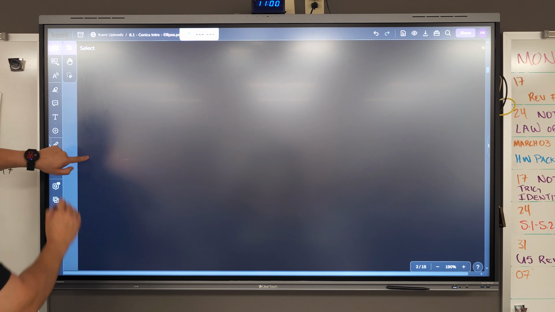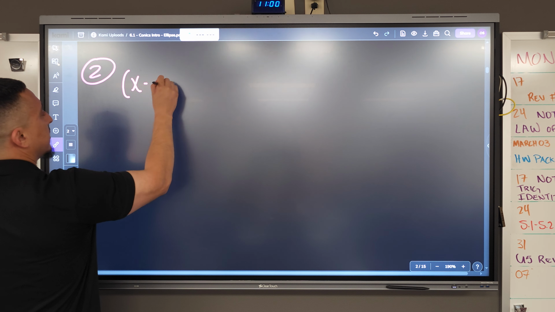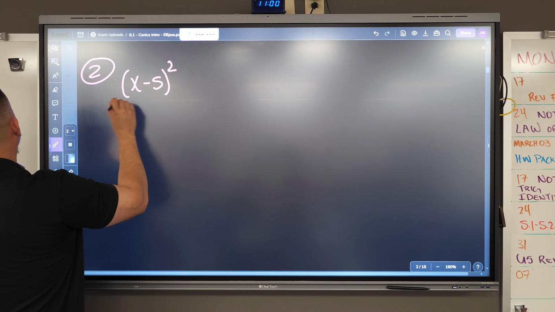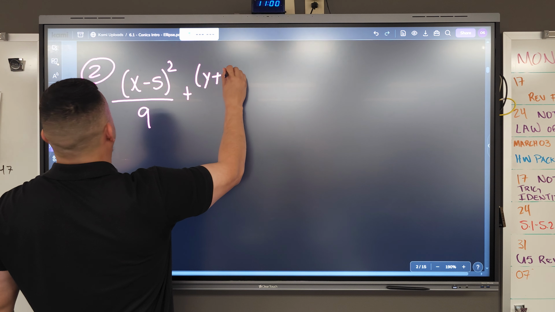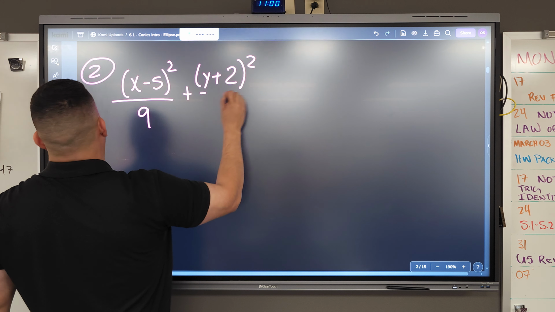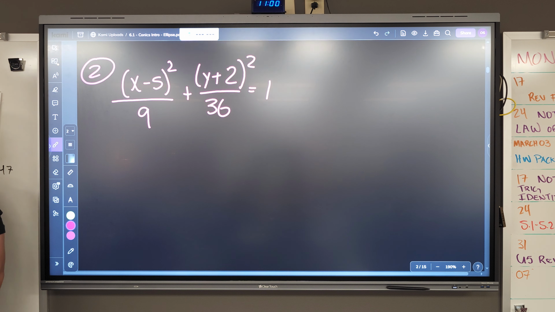But go ahead and try one by hand, and then check it with decimals. (x minus 5) squared over 9 plus (y plus 2) squared over 36 equals 1, okay? So provide a sketch for this. Try to sketch it on paper first and then do it on decimals.